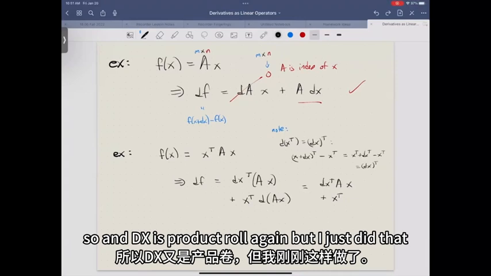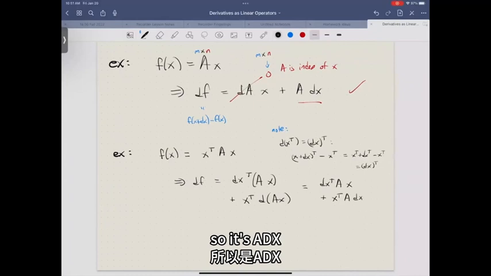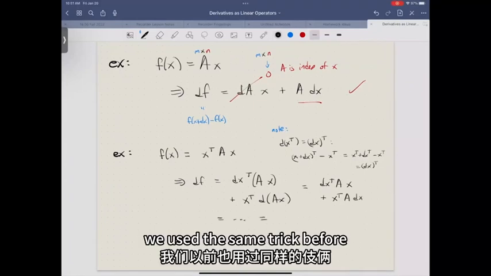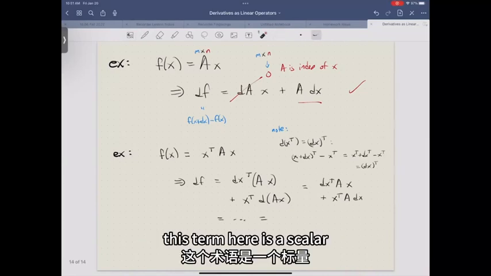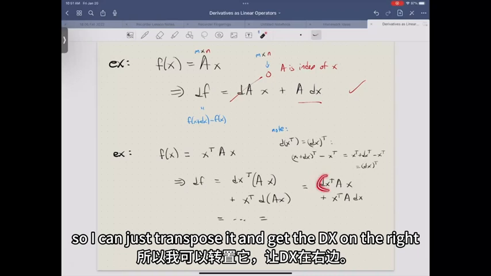Yeah. So d(Ax) is product rule again, but I just did that, so it's A dx, right? And then we use the same trick as before: this term here is a scalar, so I can just transpose it and get the dx on the right.